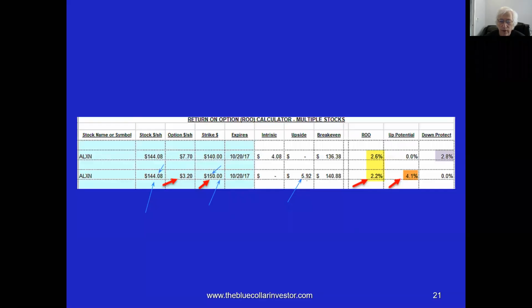That's 5.92. So the initial return on the option, 3.20 divided by 144.08, is a 2.2% 1-month return. But if the price goes higher up to the strike price, we've generated another 4.1%, which means we have an opportunity in this 1 month for a 6.3% 1-month return.